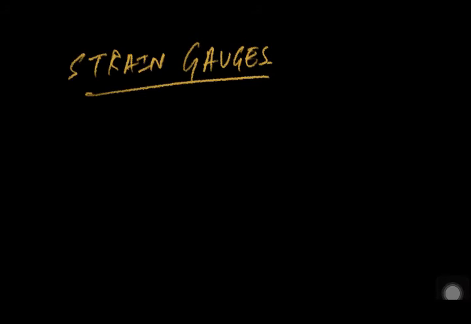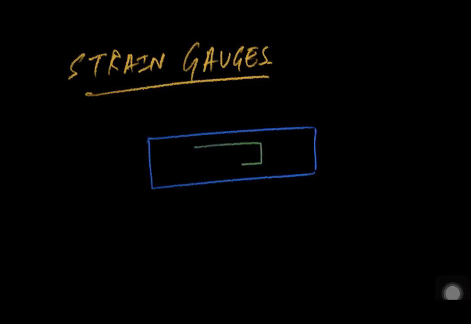Let me brief you. Say, for example, we have a body, and we stick these strain gauges onto the surface of the body, and within these strain gauges there is a thin wiring, and this wiring is attached to some electronic circuit, IC, etc., which is programmed and calibrated.